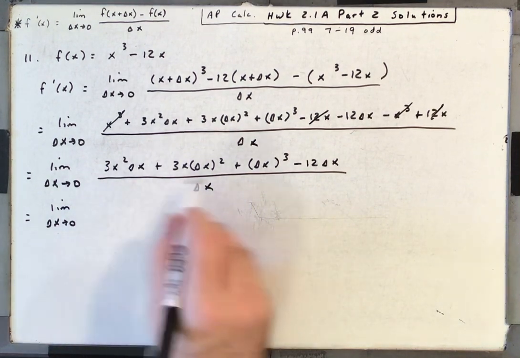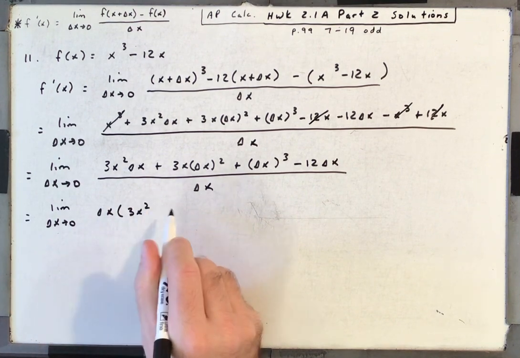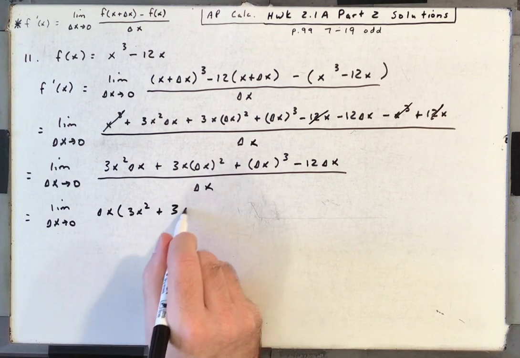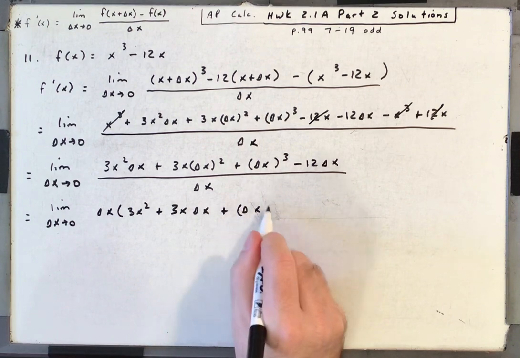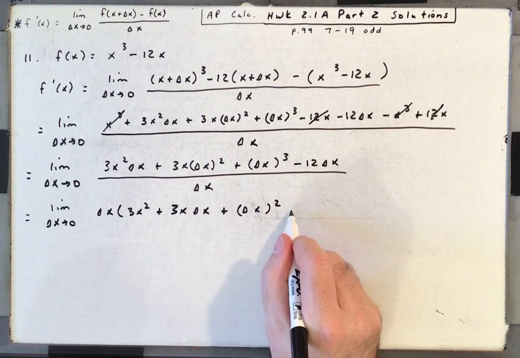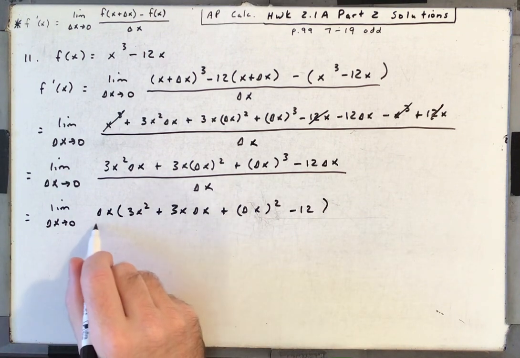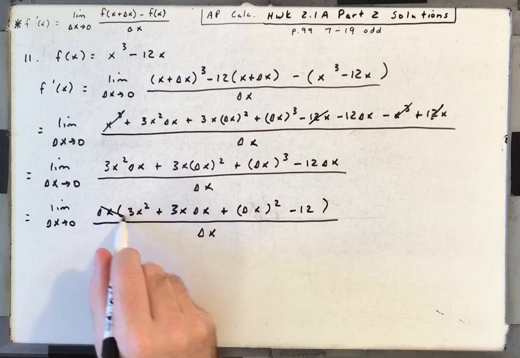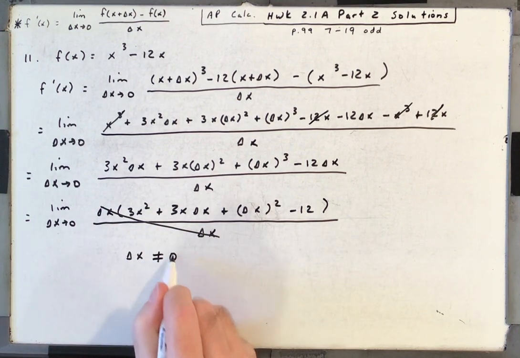Okay, so we can factor out a delta x, so that's going to be 3x squared plus 3x delta x plus delta x all squared minus 12 over delta x. We can cross the delta x out as long as delta x does not equal 0.